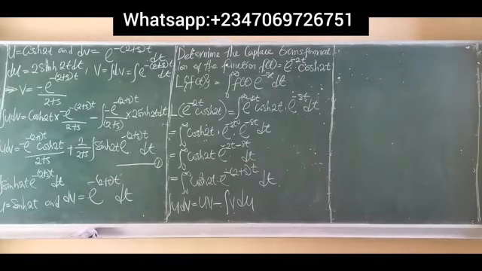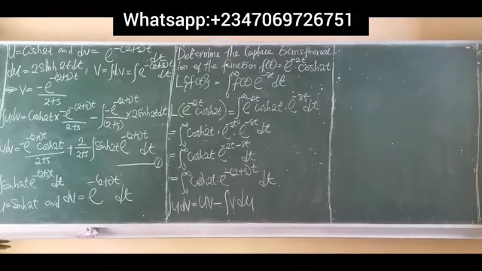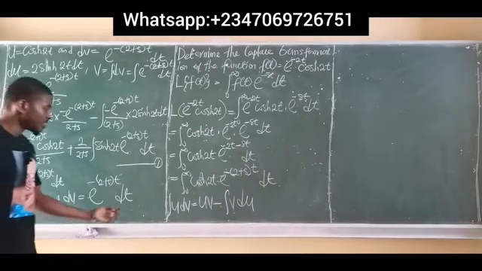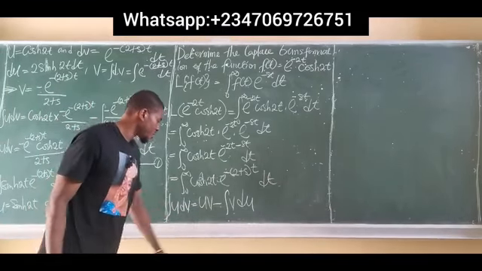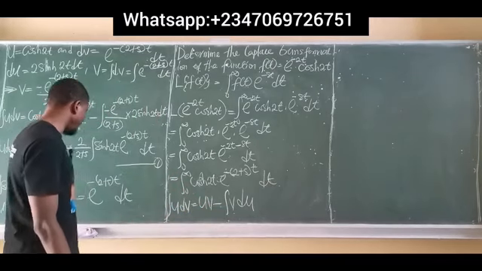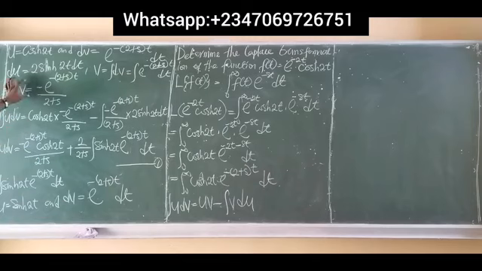Dv always remains this. So we know the formula for integration by parts is still going to be this formula. So all we need to do is what? Find du and of course find v. And we know that even if we find v, we're still going to obtain the same result as we obtained there, because the v is always going to be the exponential function. So let's find the du now.